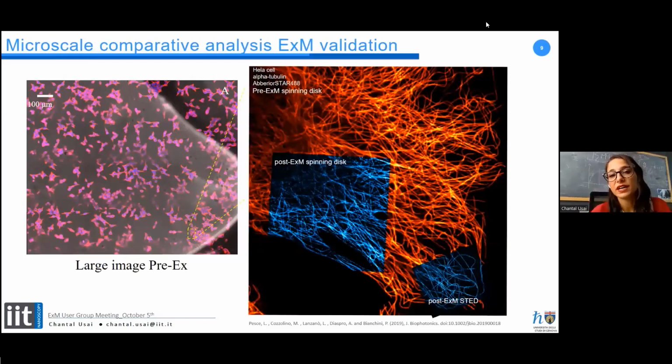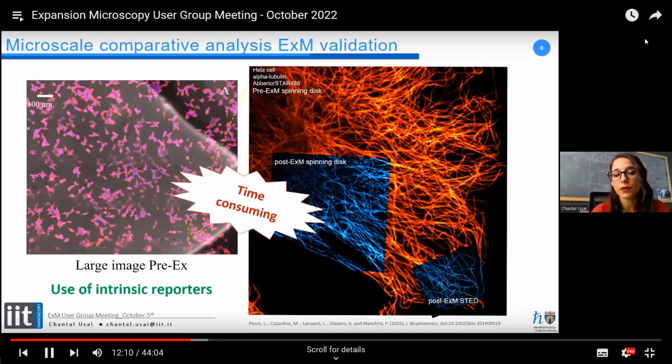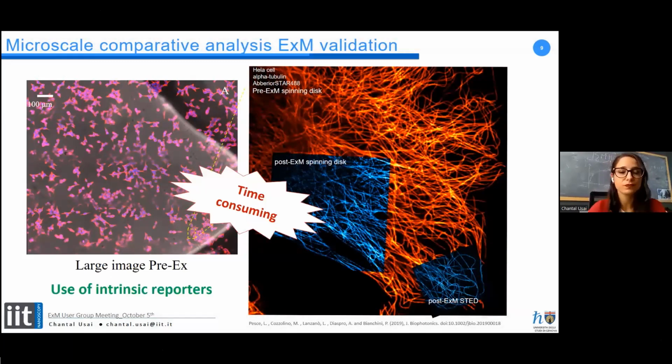But you first need to do a big mapping of your sample, and then you need to find back the same cells, which is not always simple. So this is a very time-consuming method. That's why we can try to use some intrinsic reporter as a method of validation.